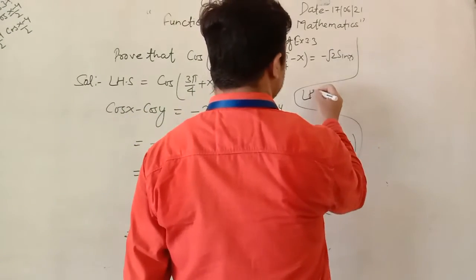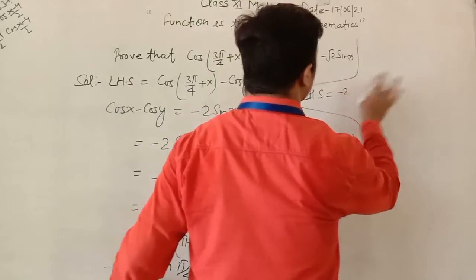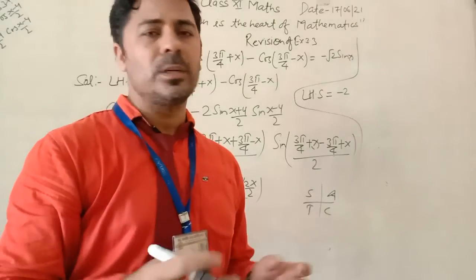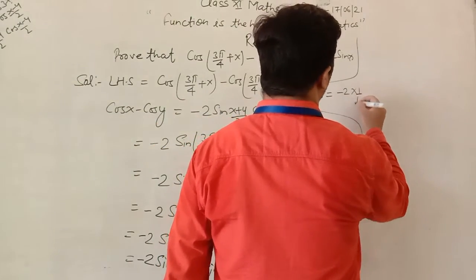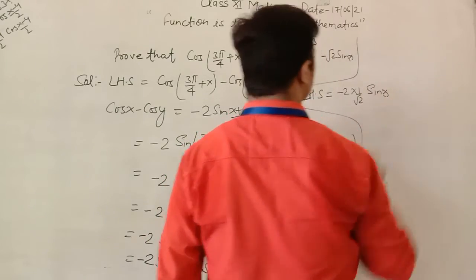Here LHS is equal to −2 sin π/4, means the value of sin π/4 is equal to sin 45°, which is equal to 1/√2, into sin x.